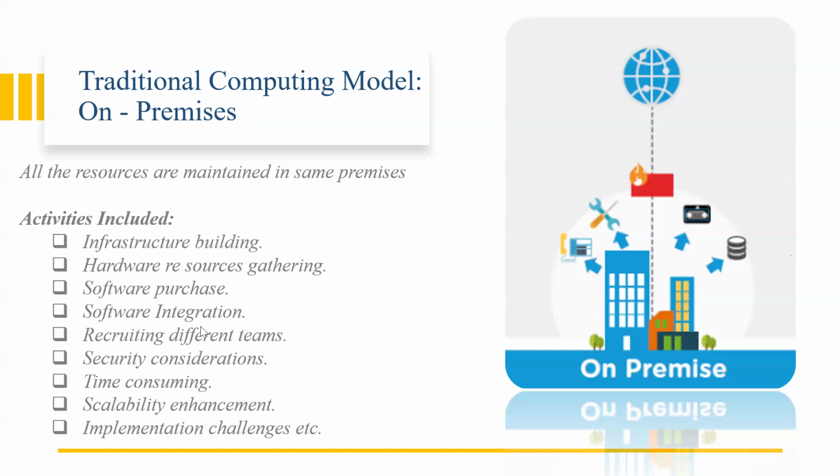Software integration: how you are going to integrate, for example, Java with SQL, Python with SQL. In terms of integration, this is also one of the major things we need to look into. Then recruitment. Being a SQL database administrator, we may think the entire project works only with SQL.